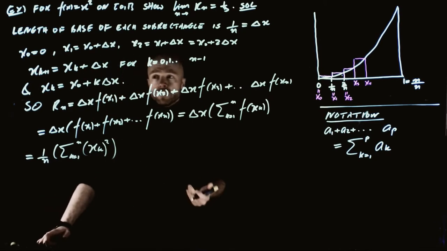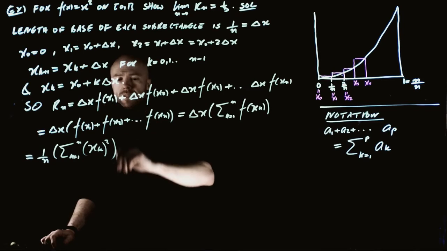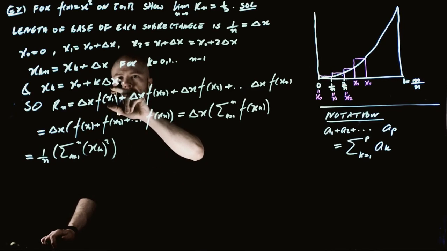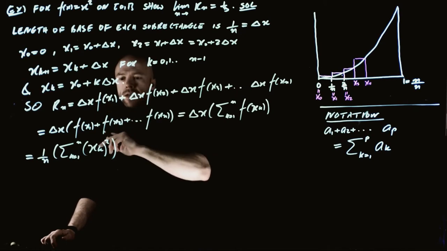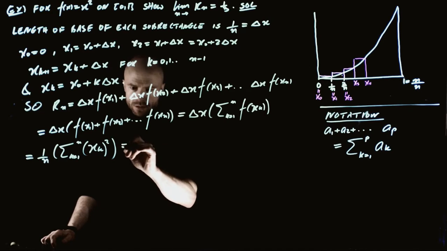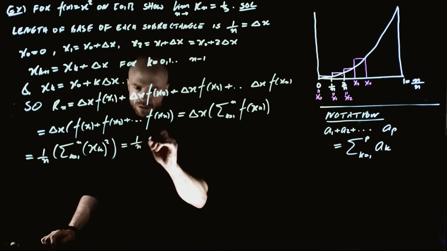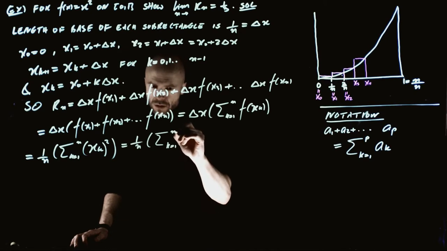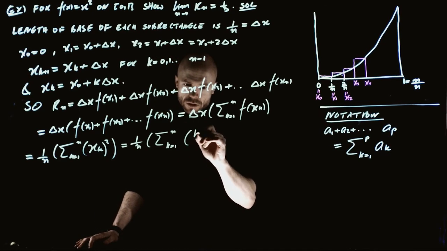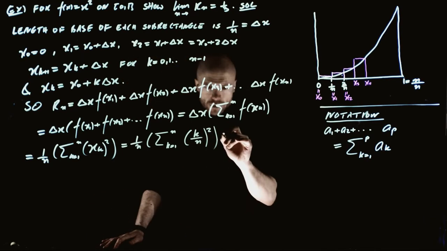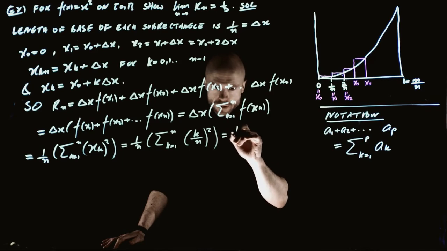And now let's put in what xk is. So xk is given by this thing. But x0 is 0, and this guy right here is just 1 over n. So actually xk is k over n. Cool. And then I can do this.